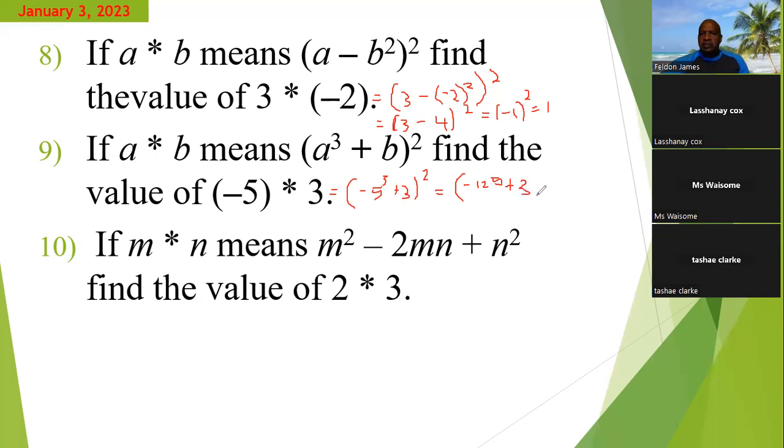And when you add the negative 125 with 3, what do you get? Negative 122. So that would be negative 122 squared. Yes, sir. All right, I won't penalize you if you use your calculator.